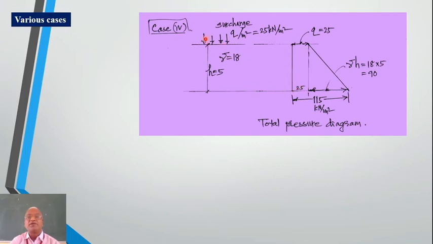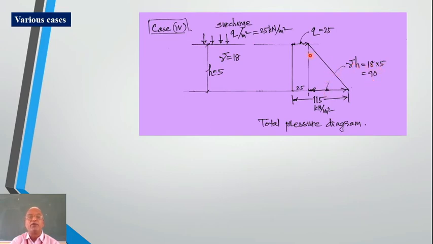That is because of the surcharge. And because of the soil, as you go deeper and deeper, there will be more and more pressure, which is directly proportional to 18. 18 kilonewton per meter cube would be the gamma, or the unit weight of the soil. Now at a depth of 5, it will be 18 into 5. So this additional pressure because of the soil is 18 into 5, 90.